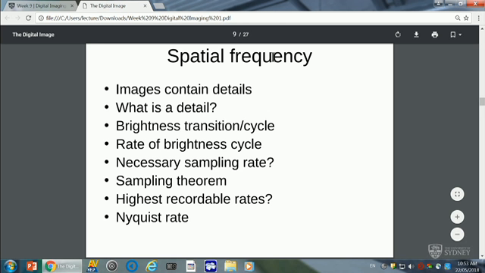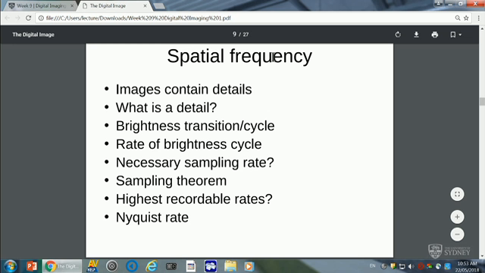If you've got 20 pixels per millimeter, you can only record 10 cycles per millimeter, because you have to sample twice the spatial frequency in your image. So if a manufacturer says you've got 20 pixels per millimeter, you know the highest recordable rate is 10 cycles, or 10 pieces of information, per millimeter.